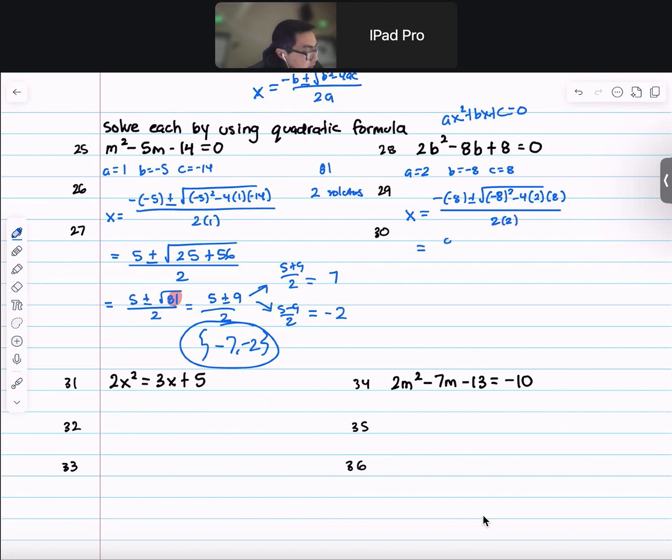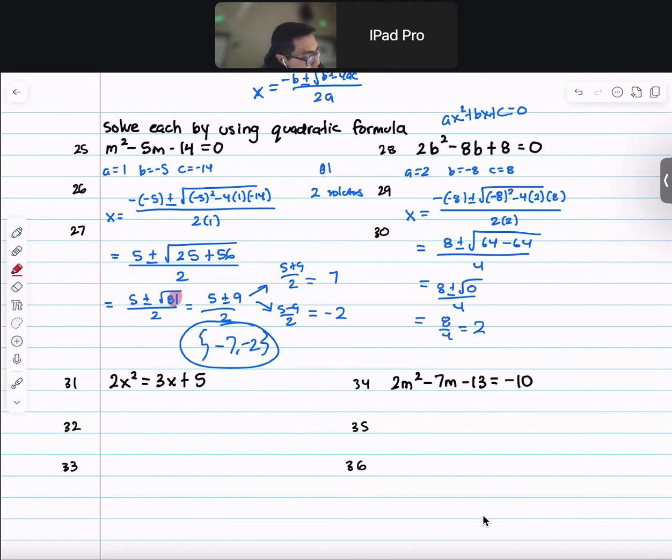Negative times a negative makes this negative 8 become a positive. Negative 8 squared is 64. Negative 4 times 2 times 8 is negative 64, all over 2 times 2, which is 4. So we got 8 plus and minus the square root of 0, and the square root of 0 is just 0, so we just got 8 over 4, which is 2.